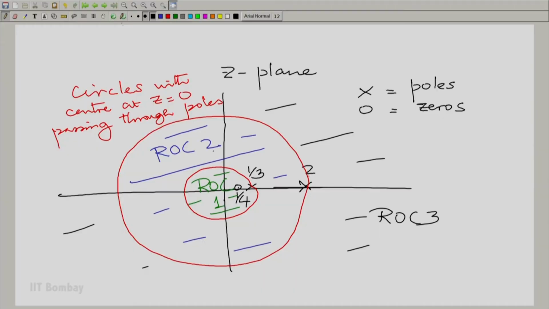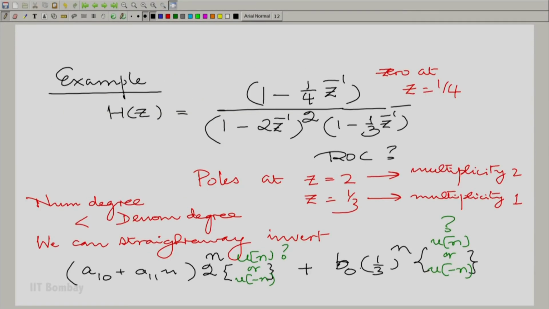So, now if you go back to this expression which we had in the previous expansion, we have to make a choice between u[n] and u[minus n] here and u[n] and u[minus n] here. For ROC 1, you would choose a u[minus n] form for both of them. For ROC 2, you would choose the u[n] form for this and u[minus n] form for this, and for ROC 3, you would choose the u[n] form for both.